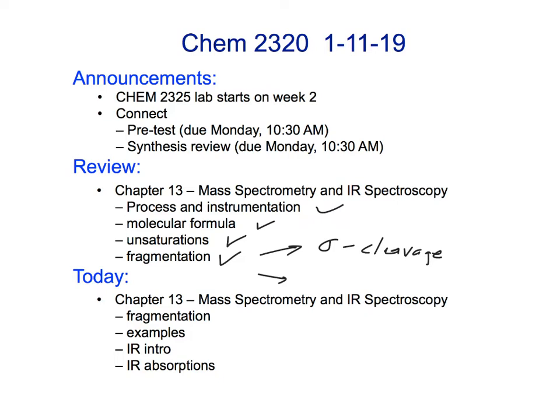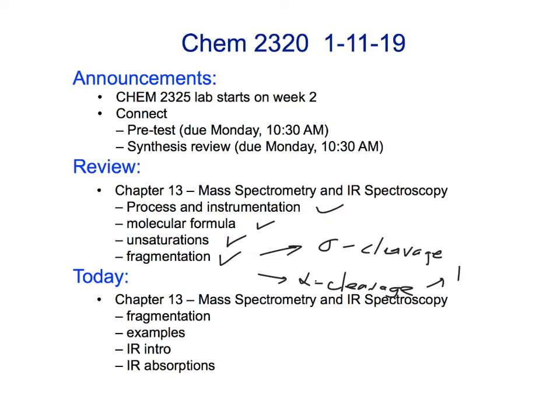And then there is the alpha cleavage. This is the cleavage next to a functional group. I showed you two examples of this.